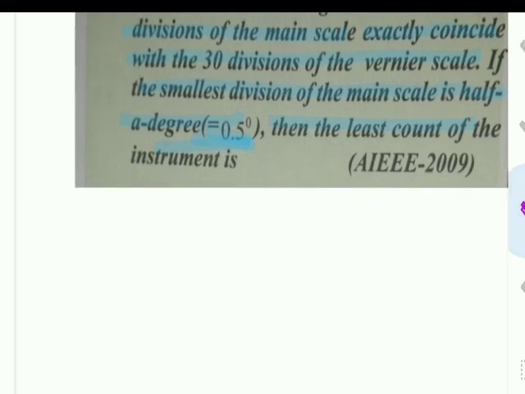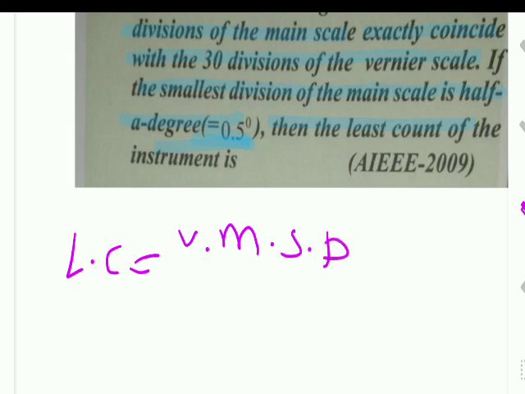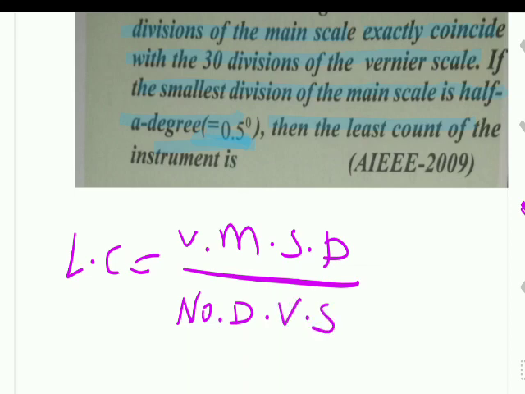Least count LC is equal to the value of a main scale division by the number of divisions of the Vernier scale.